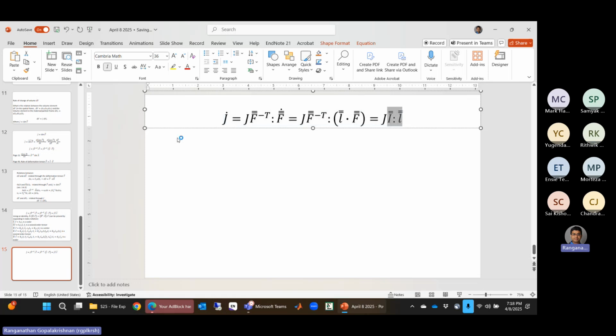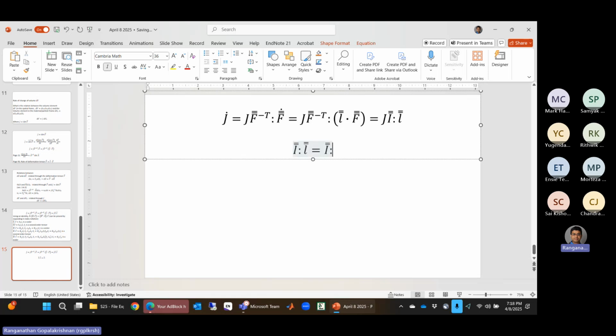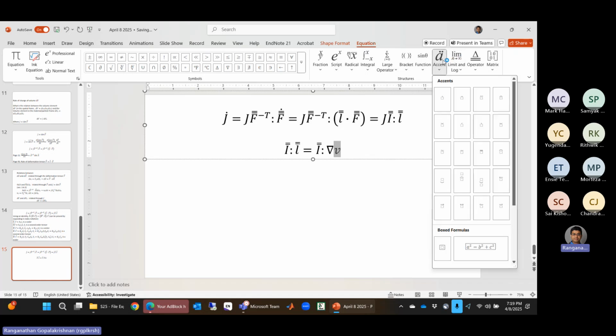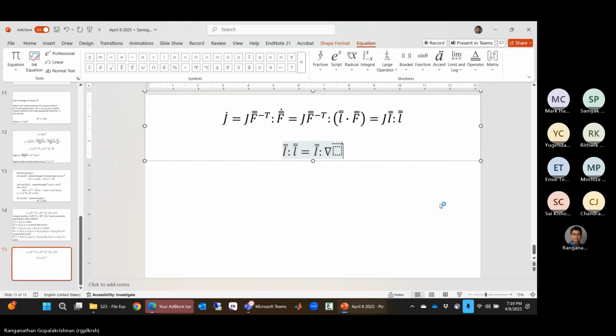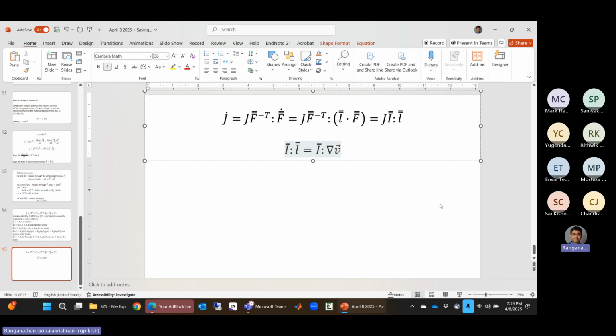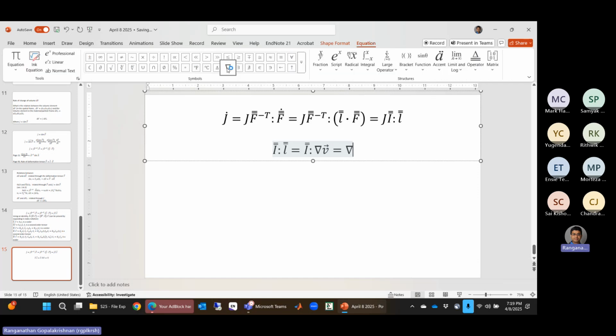So this I double dot L, we further simplify. What is L? L is gradient of velocity, grad V, where V is a vector. I dot V, and this I dot V can be proven to be equal to divergence of V.